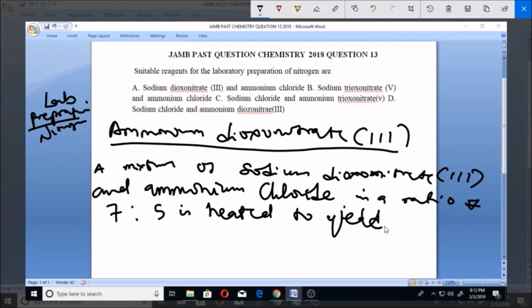Whenever you heat this mixture, you will now yield ammonium dioxonitrate 3.